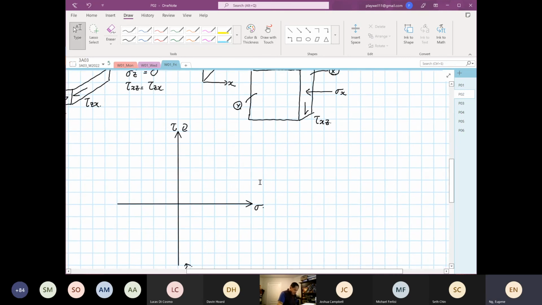We have stress x in compression, so I will draw stress x arbitrarily somewhere around here.